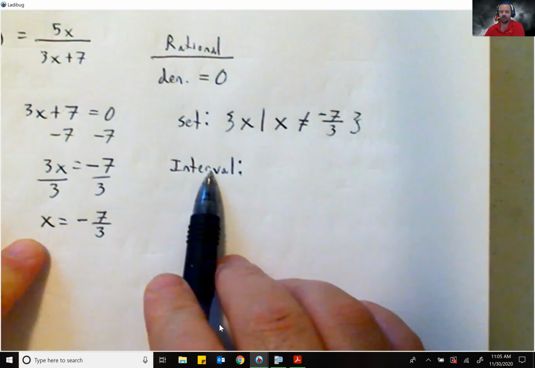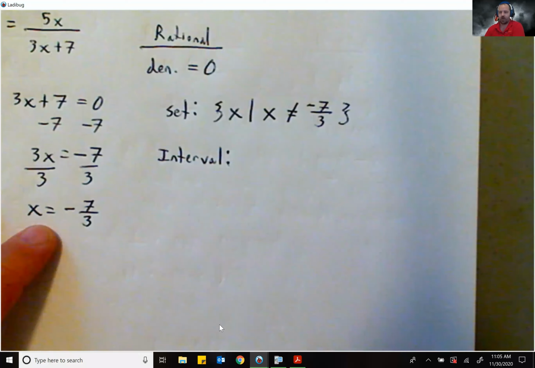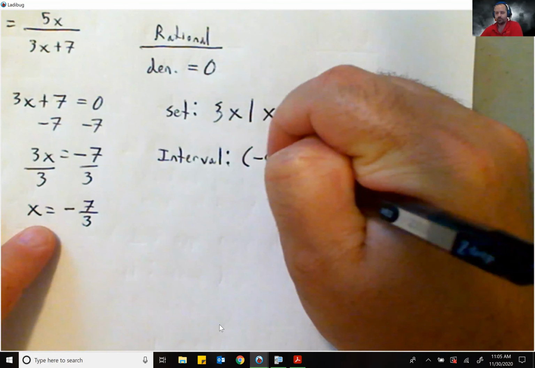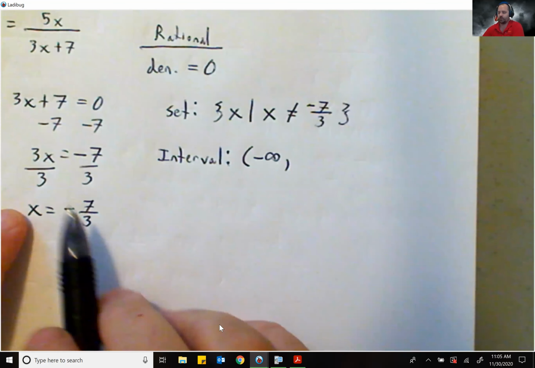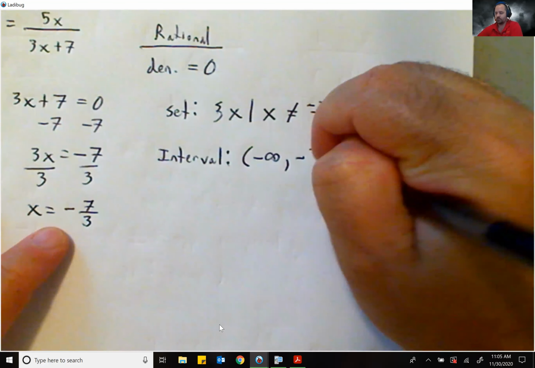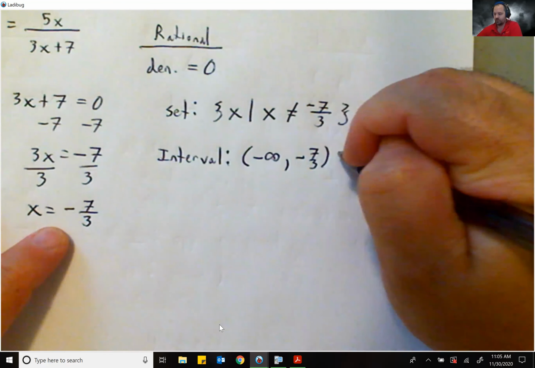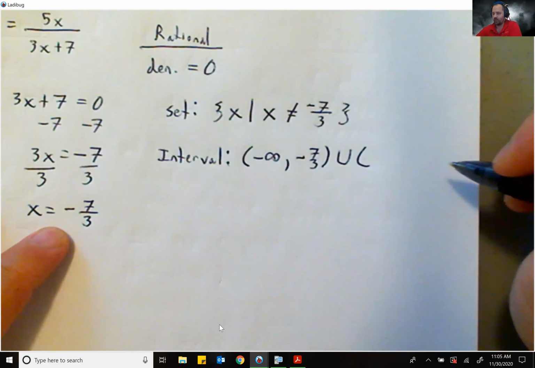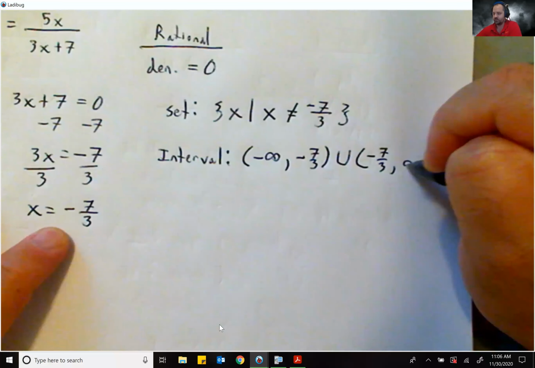So you just write out your answer and then put a line through the equal sign. There's what set notation looks like. Interval notation kind of looks like those OR answers we had at the beginning when we talked about compound inequalities. OR answers start at negative infinity, generally, and it's going to go up to our number, and then we're going to jump over it. Parenthesis, union, parenthesis. And then you're going to pick up on the other side of the number and go off to infinity.